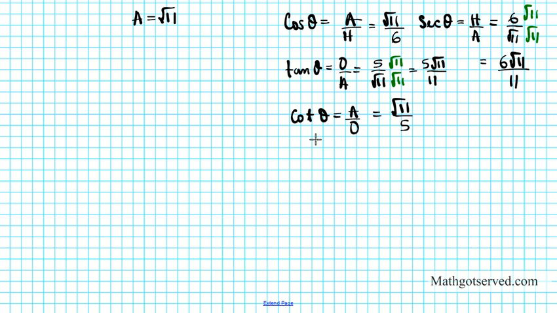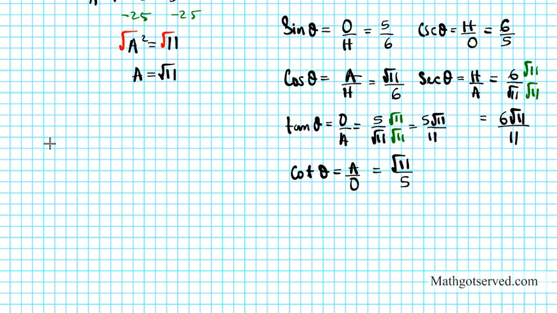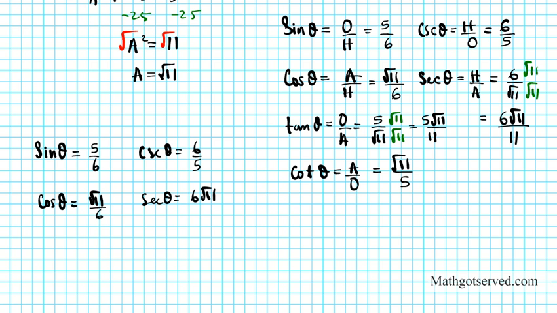Okay, so let's organize all our answers together in a nice little matrix here. Sine theta is 5 over 6. The reciprocal, cosecant theta, is 6 over 5. Cosine theta is root 11 over 6. Its reciprocal, secant, is 6 root 11 over 11.